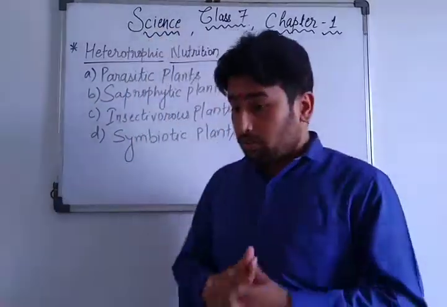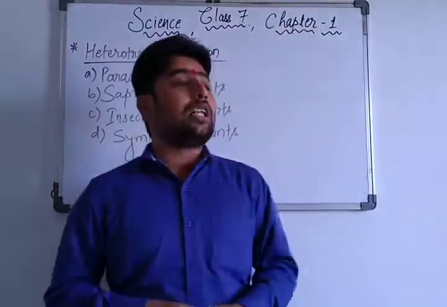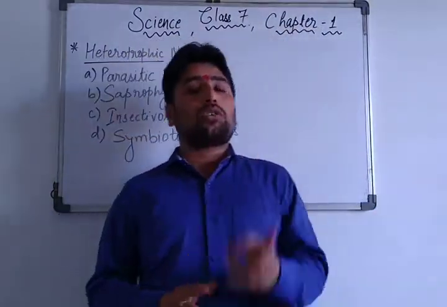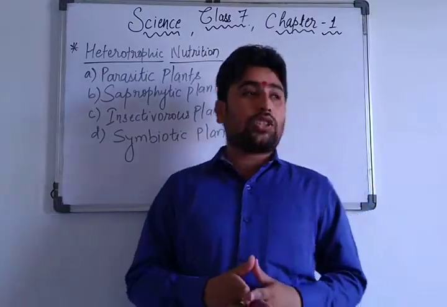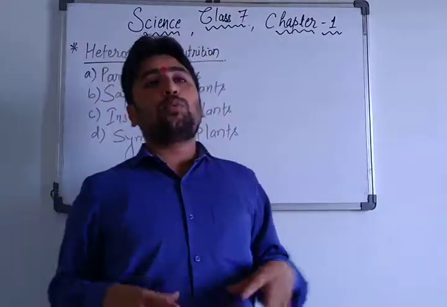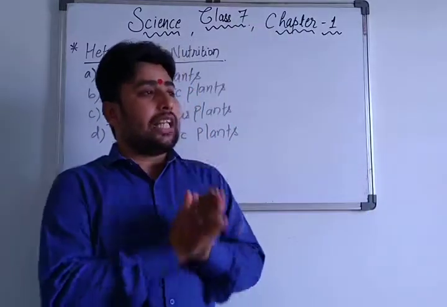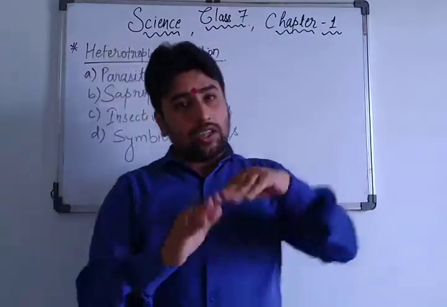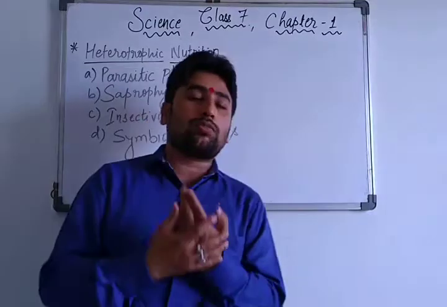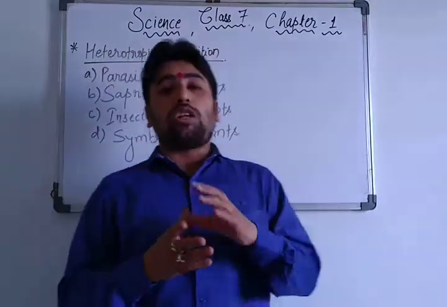So remember, dear students, in this whole chapter there are only two main things: autotrophic nutrition and heterotrophic nutrition. In autotrophic nutrition, how do plants do the process of photosynthesis? You may have seen that green plants have leaves. On the back side of the leaves you will see small tiny pores, which are called stomata.